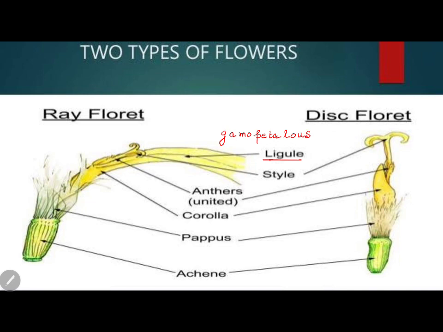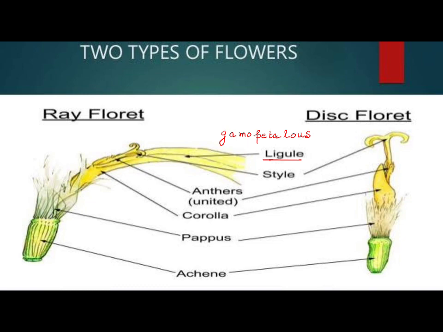When we were studying types of fused petals, we were studying different types. Ligule is one, strap shaped, if you remember, which looks like a tongue, is ligulate. All the petals of ray florets in a flower will combine.